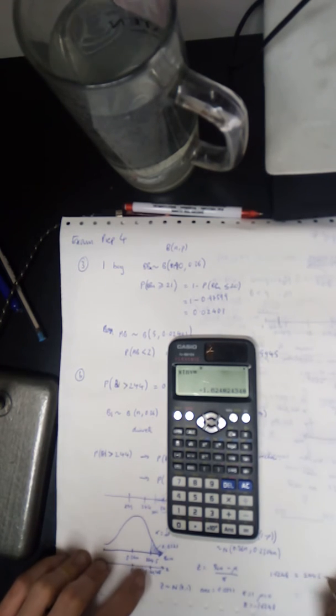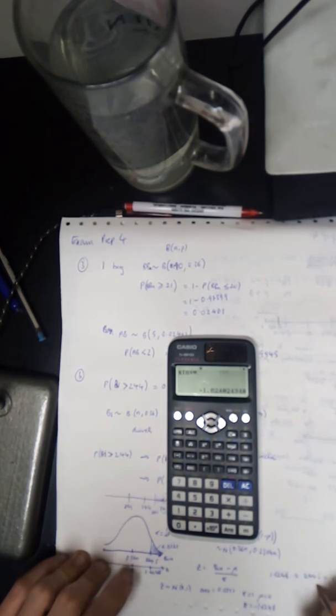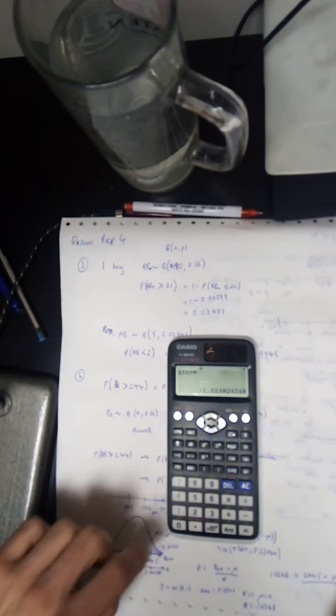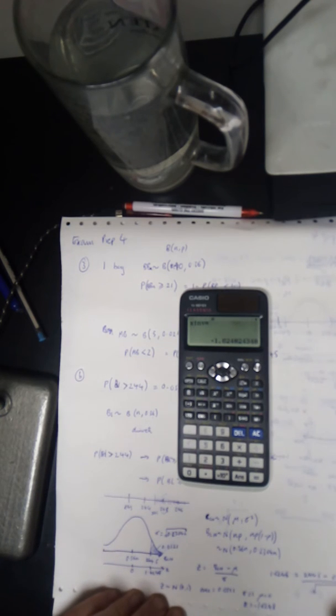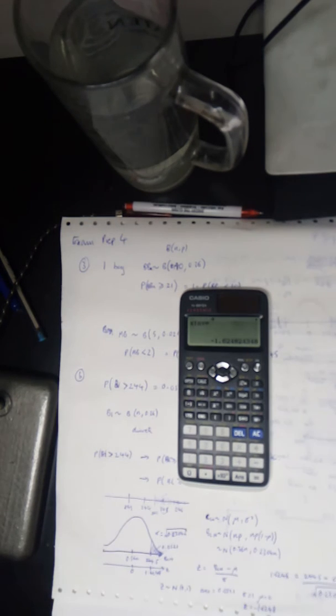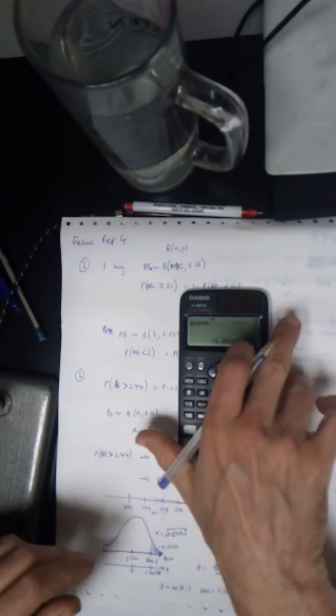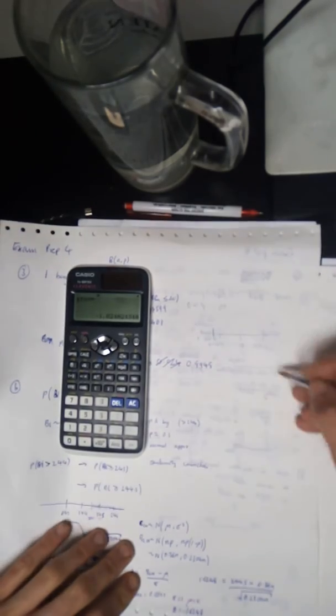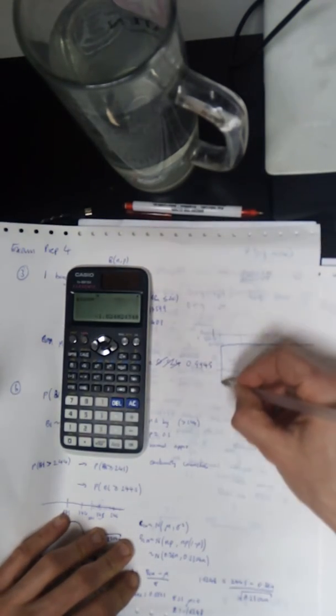244.5 minus our mean, which is 0.36n, divided by our standard deviation, which is the square root of 0.2304n. Wowzers. I mean, there's still some work to do. Let's go up here so it's all on one page.